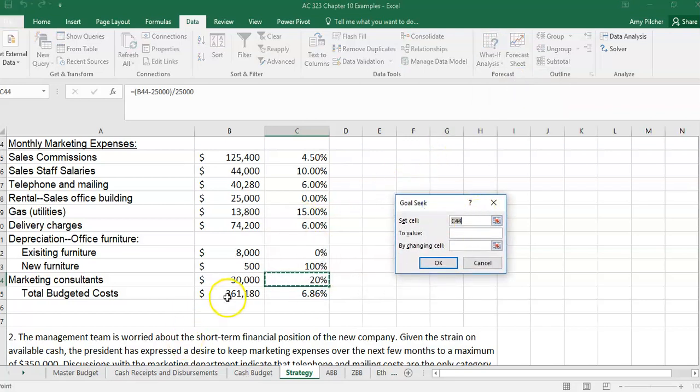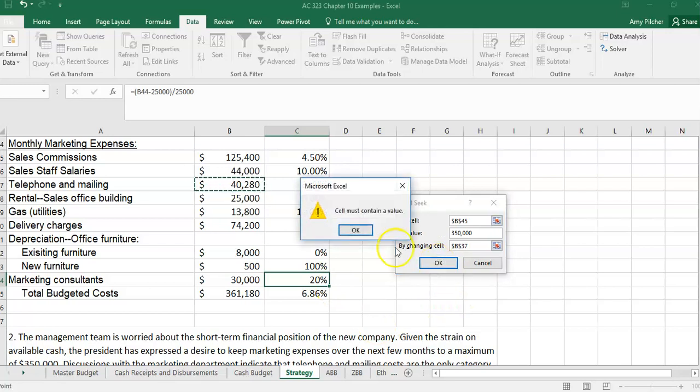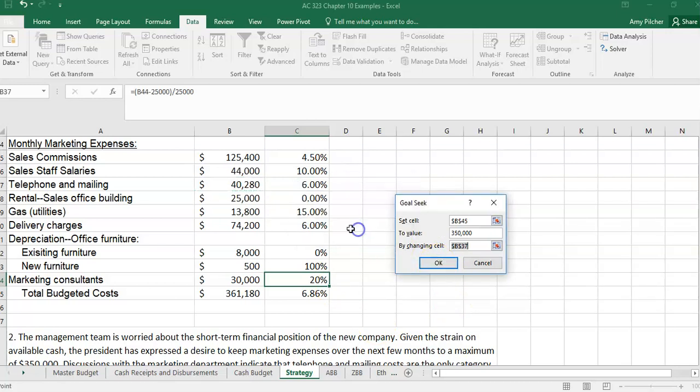And we want to set our total budget cost to a value of $350,000 by changing the telephone and mailing costs.